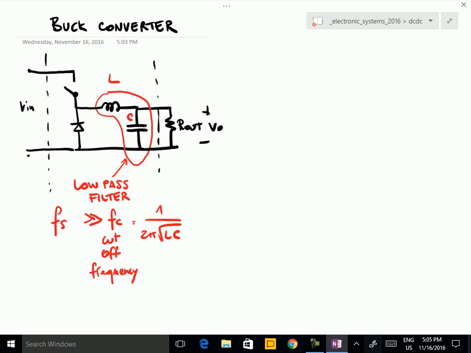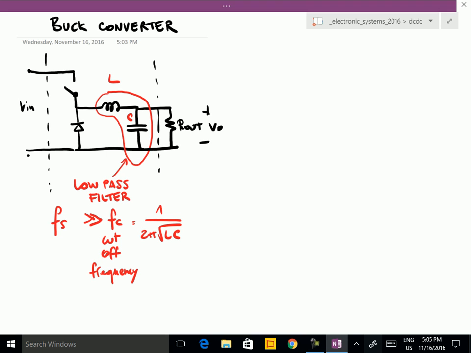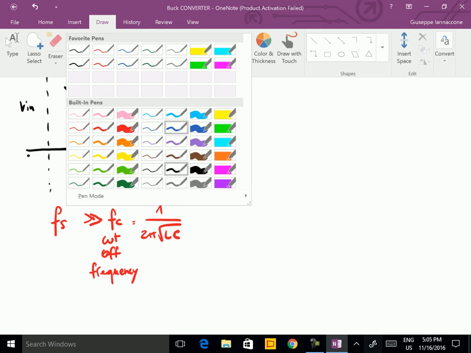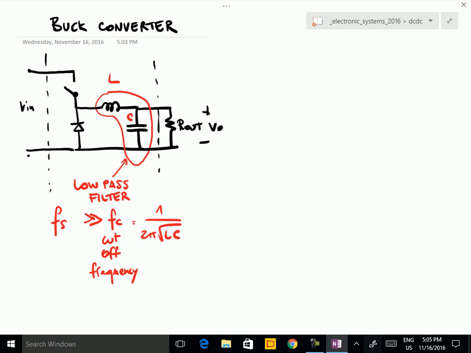And the diode is used to enable current to flow also when the switch is off. What happens is that when the switch is on, the current can go through the switch in this direction, but when the switch is off, this inductance continues to drive the current, but the current can go through the diode.